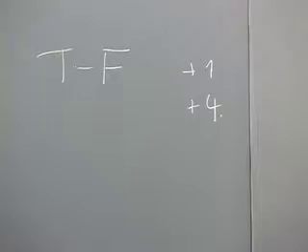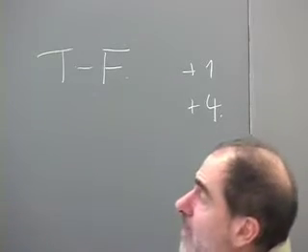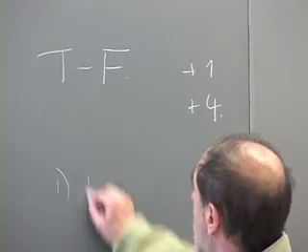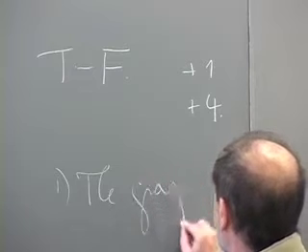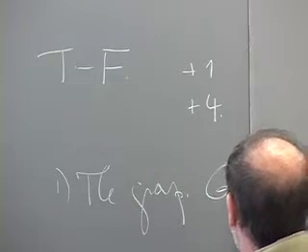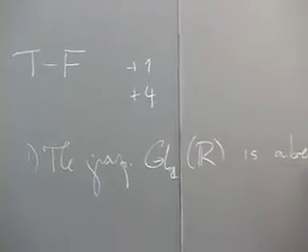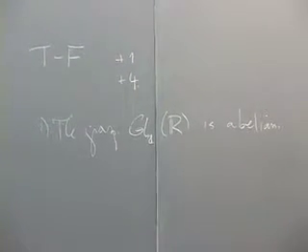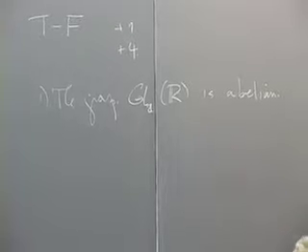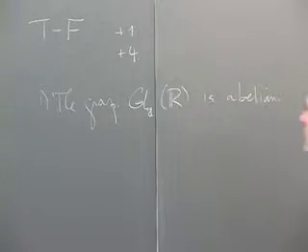So here's an example of a question. 1, the group GL2R is abelian. Okay? That's a good statement. So the answer would be false.